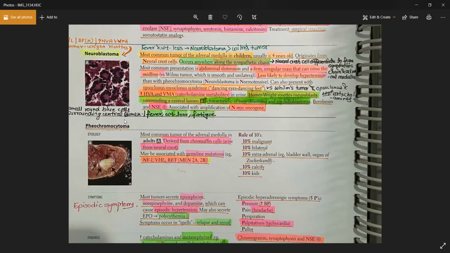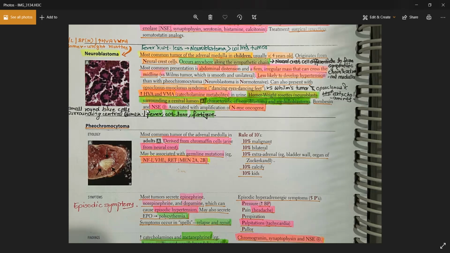Okay, and other things, just like any other tumor, you are having chronic inflammation, and because of the chronic inflammation, you can have fever, fatigue, and weight loss. These three you will find in almost every tumor. So whenever Step 1 gives you a patient with any kind of tumor, of course they will give you a history of tumor, and they will ask you what could be the most common presenting complaint of this patient.